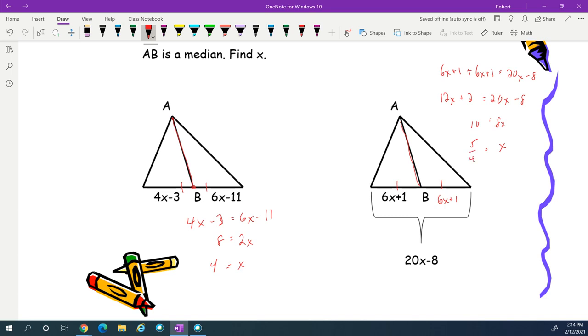And it looks like we have 5/4. Let's see: 6x plus 1, 6x plus 1, 12x plus 2. That's an 8, that's a 10, 5/4. Okay.